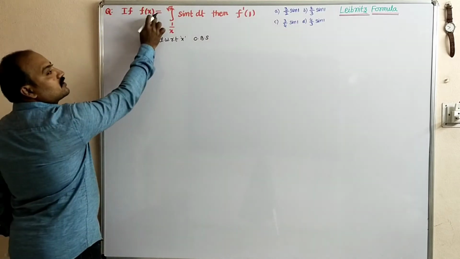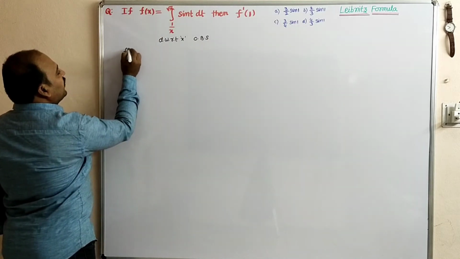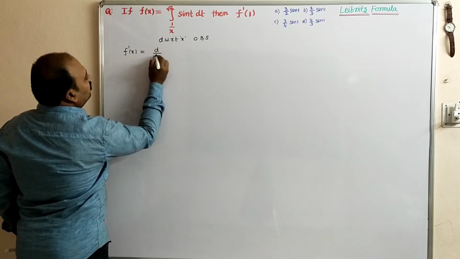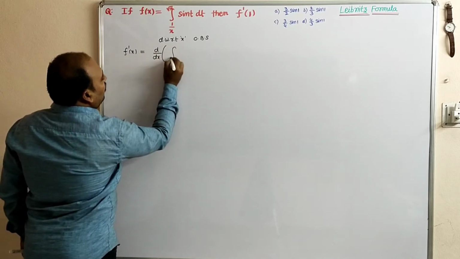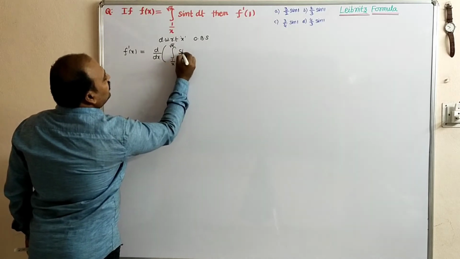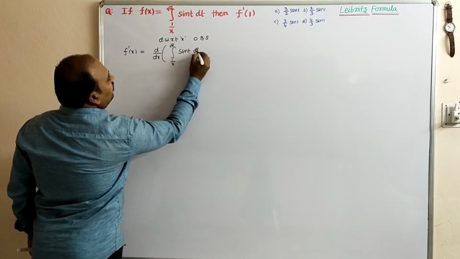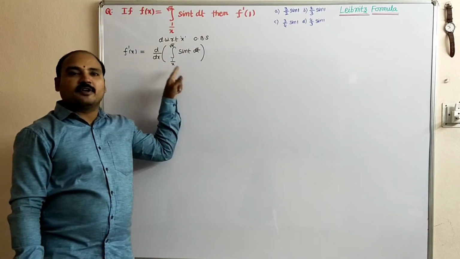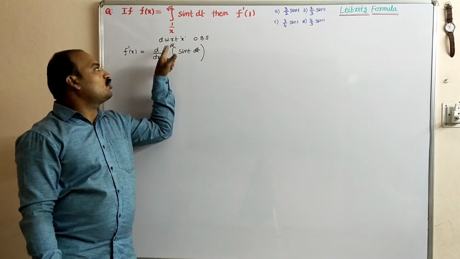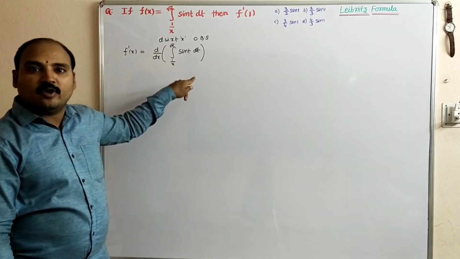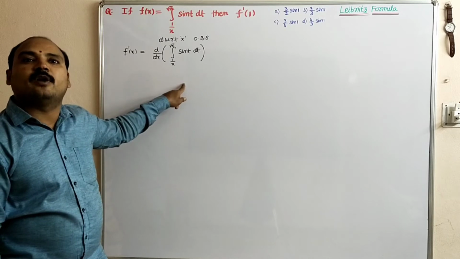d by dx of f of x is f dash of x, which is equal to d by dx of integral 1 by x to root x sin t dt. It is looking like d by dx of integral psi of x to phi of x f of t dt. That means here we are going to apply Leibniz formula.